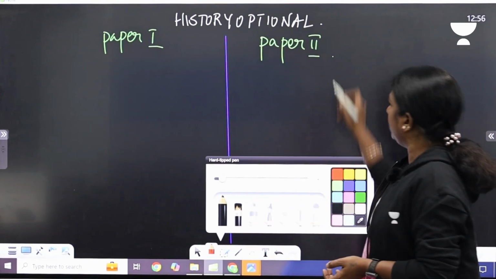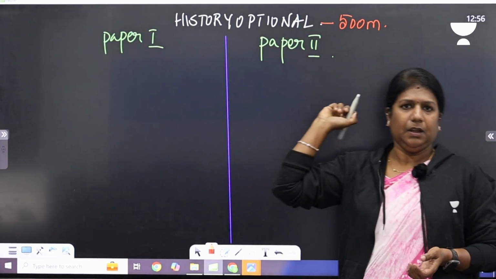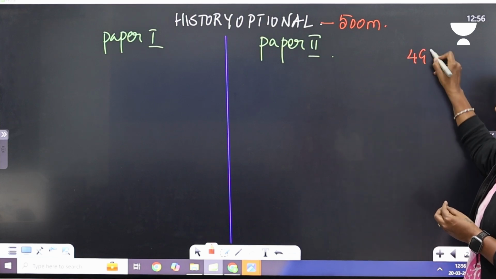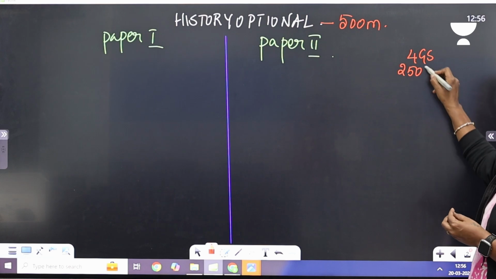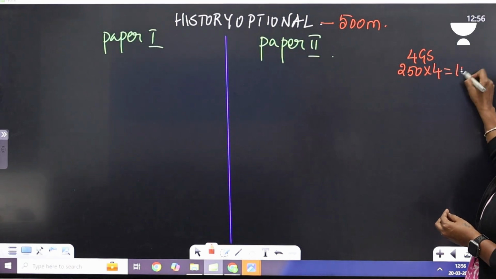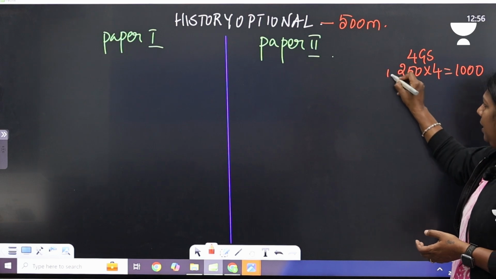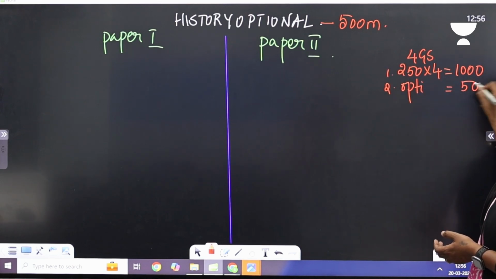As we all know, optionals are for 500 marks. Let me give you a small calculation. You have 4 GS papers, which is 250 marks each. So 250 into 4, your GS papers are for 1000 marks. Number 2, optional is for 500 marks.